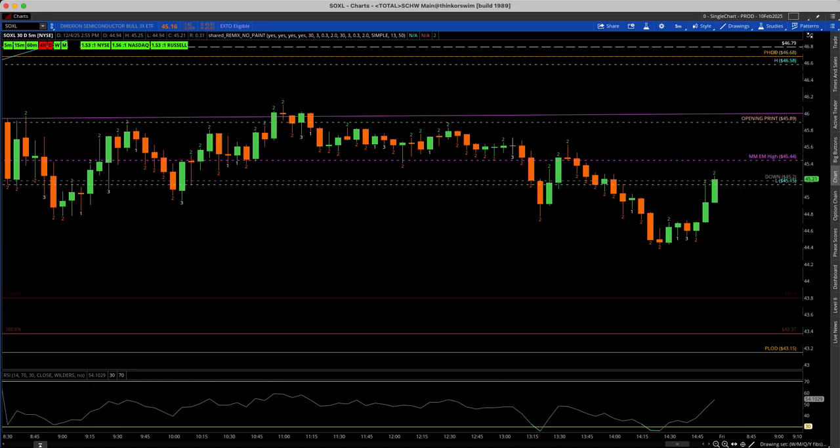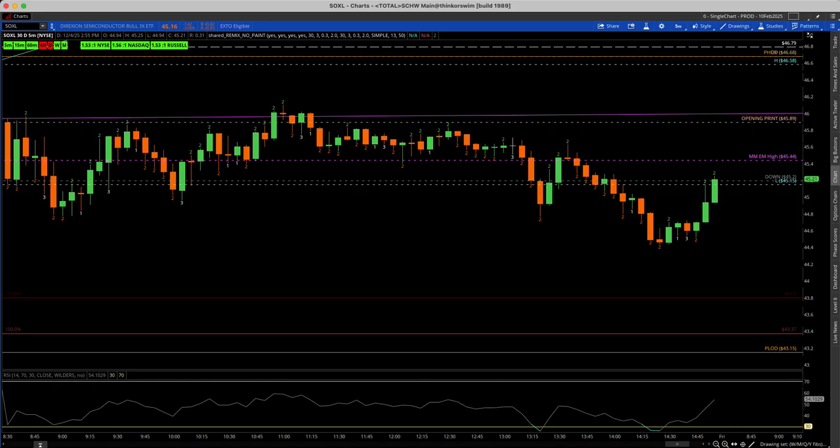The method is identifying the opening print, or the first traded price of the day. If we move up from the opening print and pull back a little bit and make a higher low at or above the opening print, then we look to get into calls.